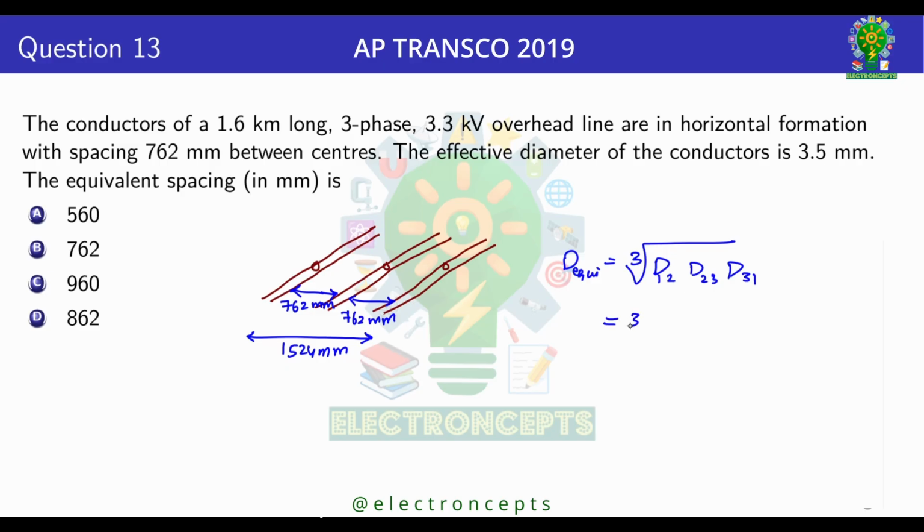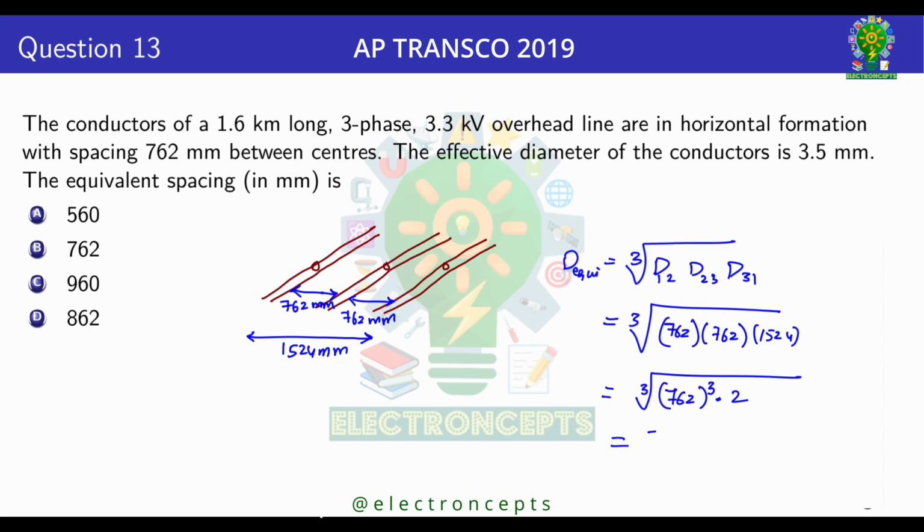From this, D12 is 762 millimeters, D23 is also 762 millimeters, but D31 is the sum of 762 and 762, which is 1524 millimeters, which is equal to the cube root of 762 whole cube into 2, which is equal to 762 into cube root of 2. Solving this, we get 959.94 mm, which is approximately equal to 960 mm.